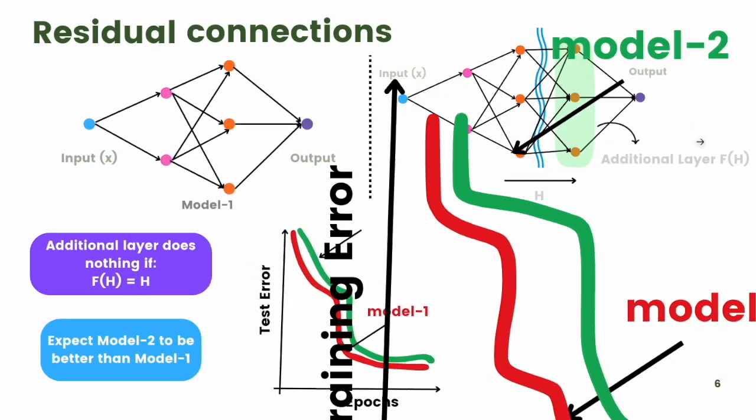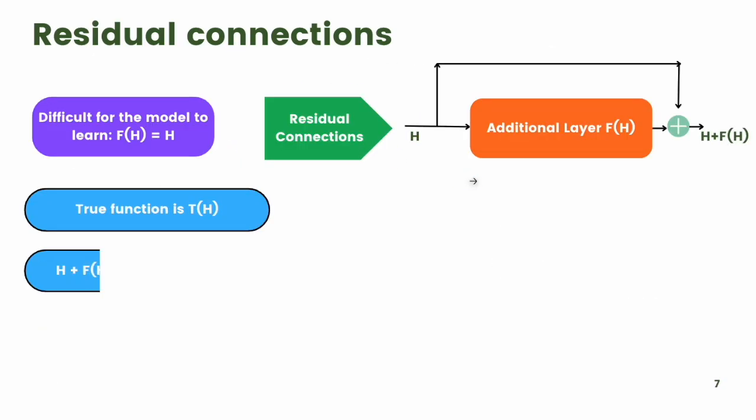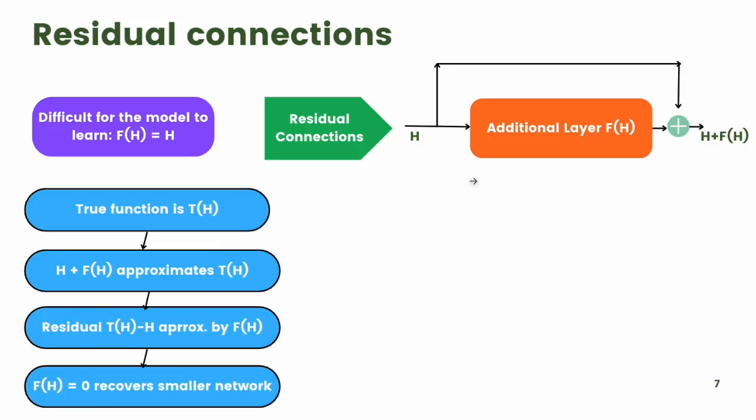If you go back to the slides that we had earlier, this is Model 1. If we had a skip connection in addition to this additional layer, originating from here to after the additional layer, then by setting the additional layer to 0, we would recover the simpler Model 1. What the authors realized is that learning F(H) equal to 0, the null operator, is a much simpler task than learning F(H) equal to the identity.